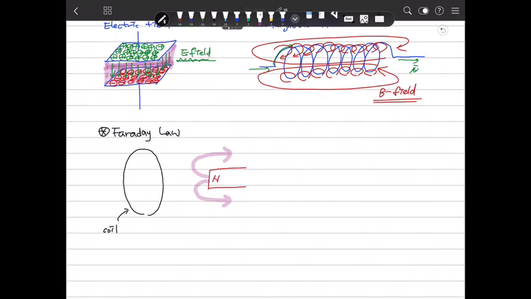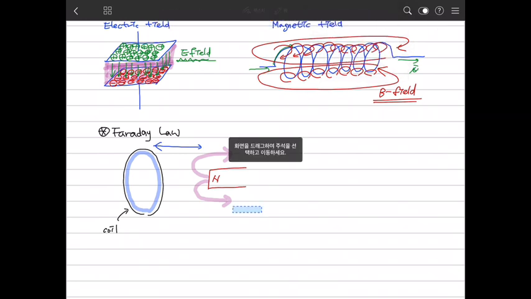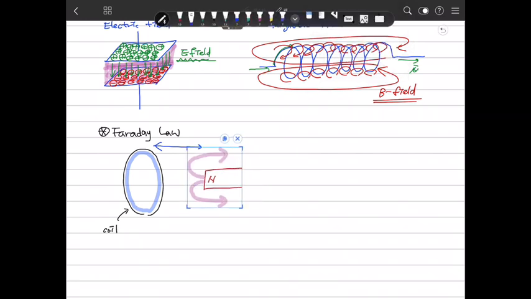But in this instant, in the loop, in the coil, there is no magnetic field because the distance is long. But for some reason, the magnet moves into here.